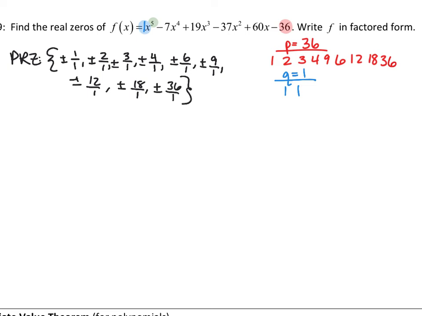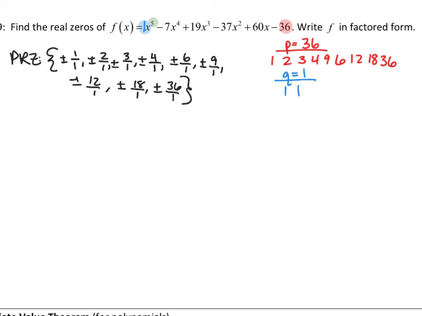We know that in that list of 18 things, all 5 of my zeros are going to show up. All the real ones, at least.